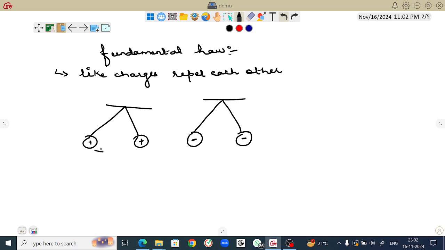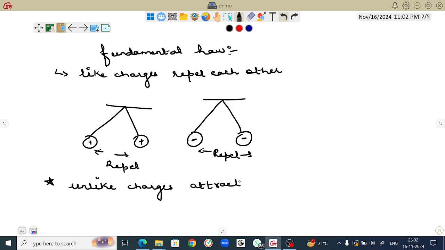These two charges repel each other. And unlike charges attract each other. For example, a positive charge attracts a nearby negative charge. These two charges attract each other.